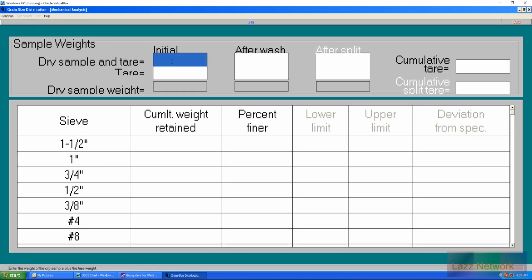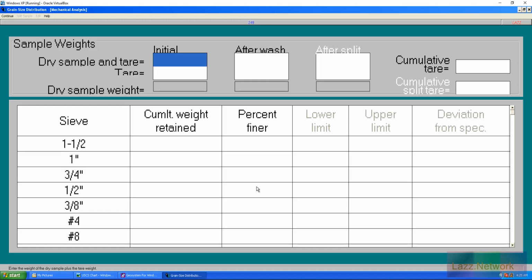Okay, I'm actually going to enter in values. I was wondering if I could just enter in the percent finer and whatnot, but it ain't going to let me do any of that. Of course not. It's an older system.